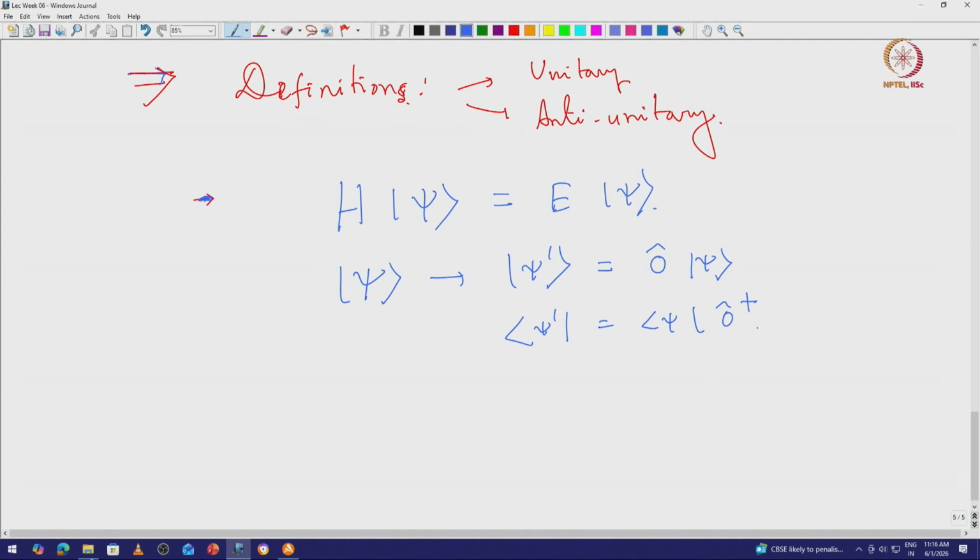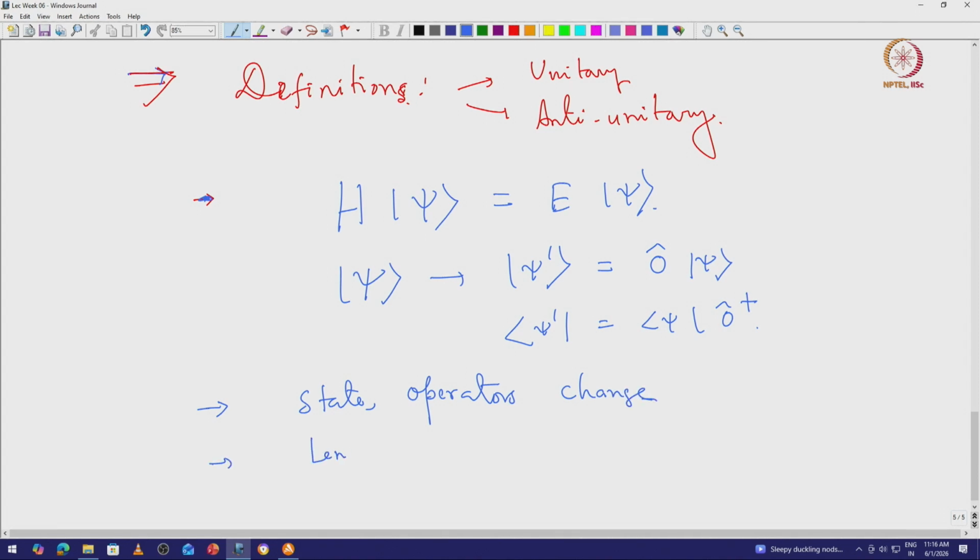Under a symmetry operator, what are supposed to remain preserved and what are allowed to change? So, state is allowed to change, and operators change.